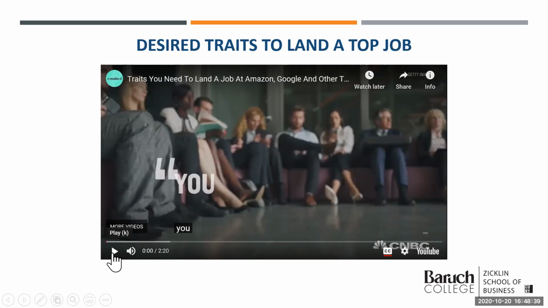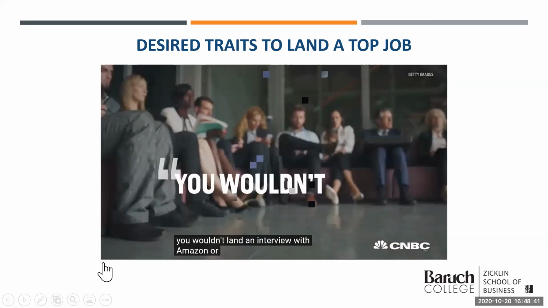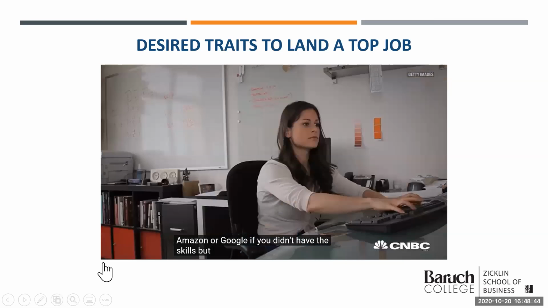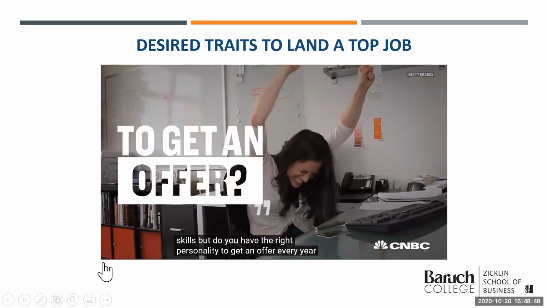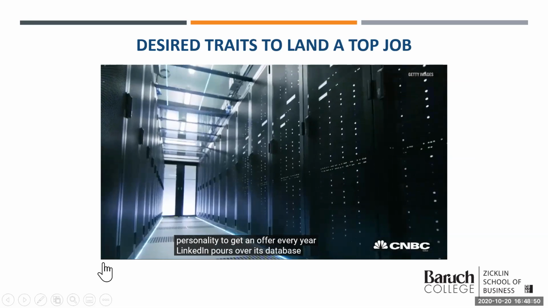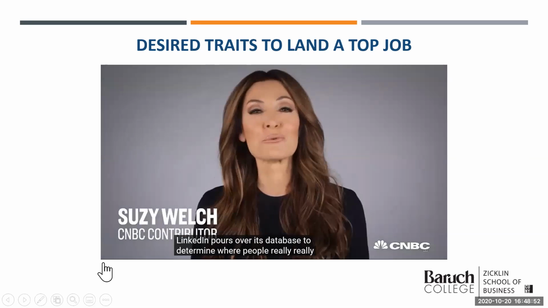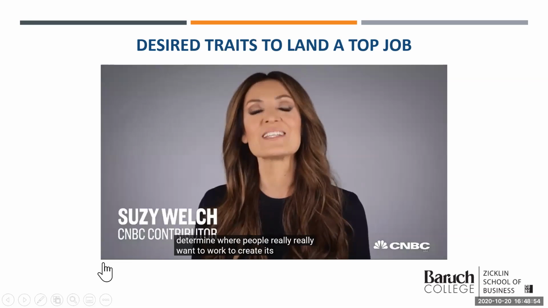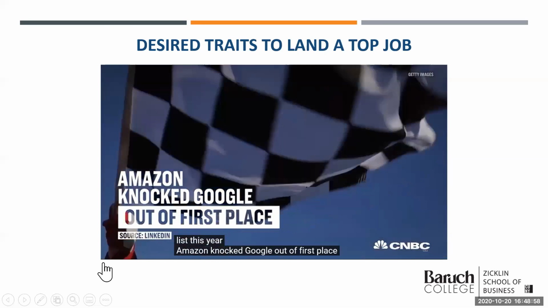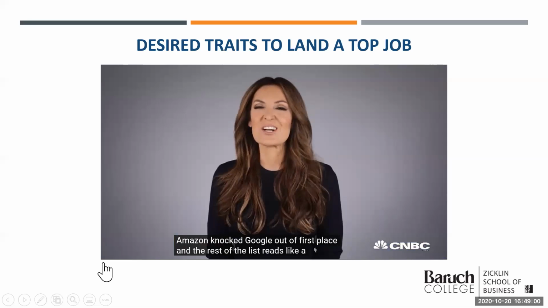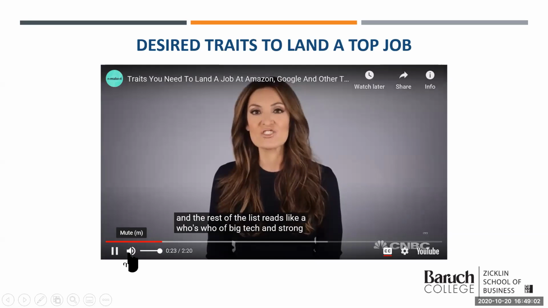You wouldn't land an interview at Amazon or Google if you didn't have the skills. But do you have the right personality to get an offer? Every year, LinkedIn pores over its database to determine where people really, really want to work to create its top companies list. This year, Amazon knocked Google out of first place, and the rest of the list reads like a who's who of big tech and strong growth.